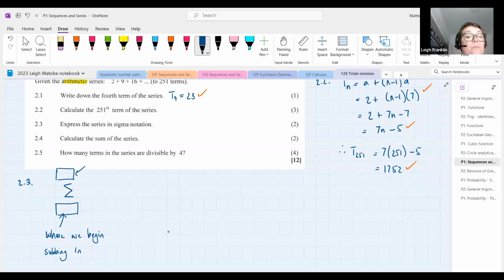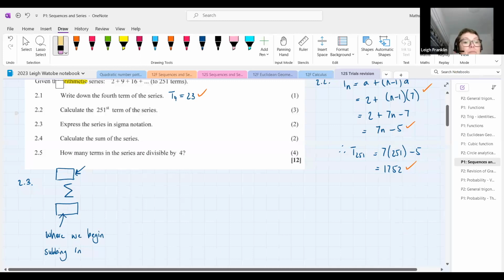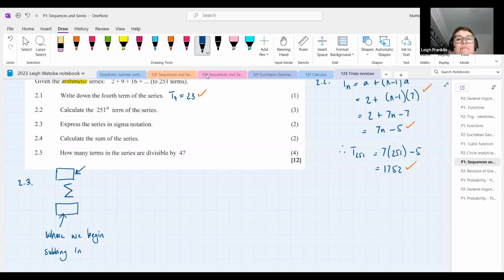The number of terms in the sequence. Not always. Not always the number of terms of the sequence. Under which conditions is it going to be the number of terms in the sequence? Maybe I'm mistaken.